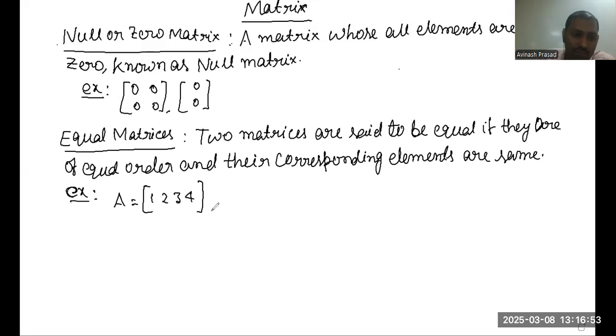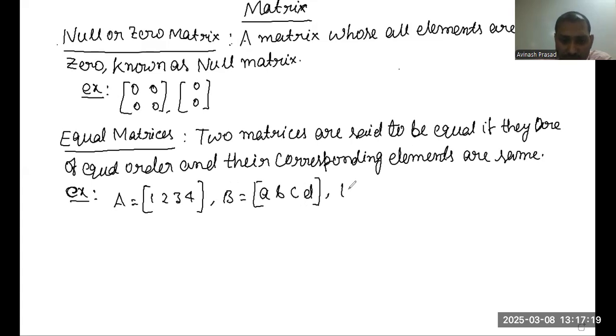There is one row and four columns, and B is another matrix of order 1 into 4, where the rows are 1 and the columns are 4, with elements a, b, c, d.